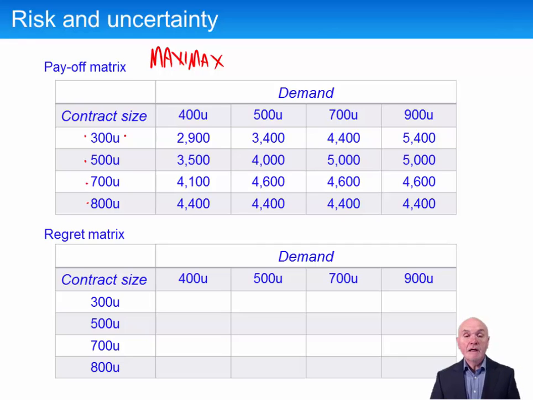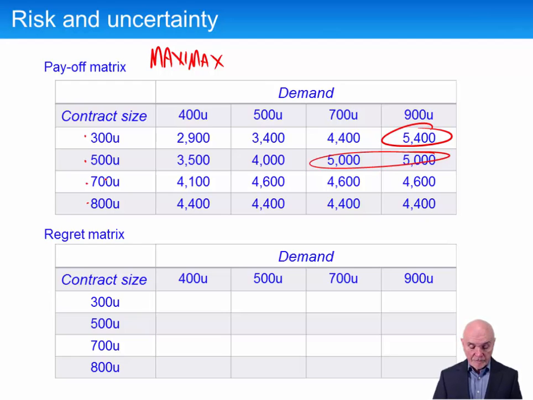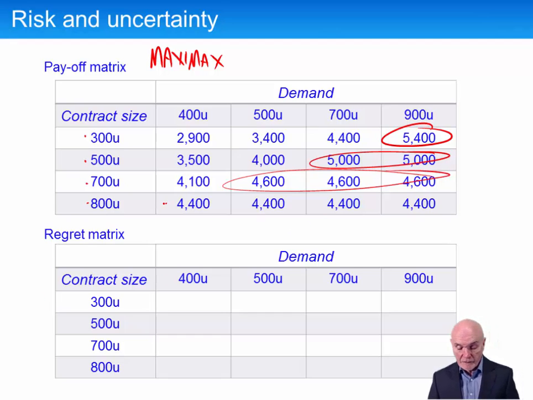So if I sign up an order of 300, then the best will happen, 5,400. If I sign up an order for 500, then the best will happen, well, it's 5,000. If I set up an order for 700, then I'm going to be getting 4,600, or of course 4,400.